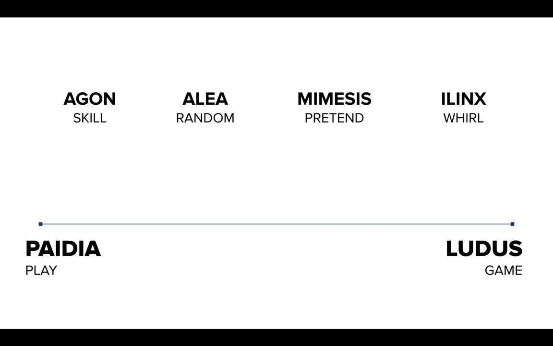We then took a look at Caillois' axis from paidia, which is play, to ludus, which is game, and how certain games might fit along that axis, and also these other axes or tags that you might want to put on top. And again, this is all giving some context in terms of the history of how people have looked at games.